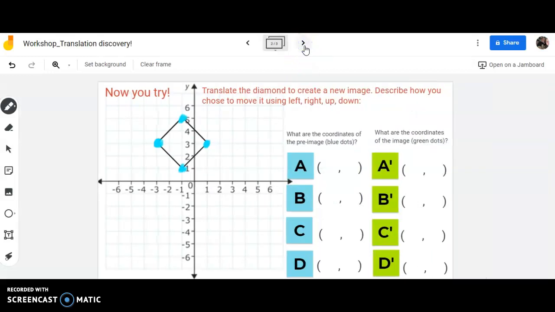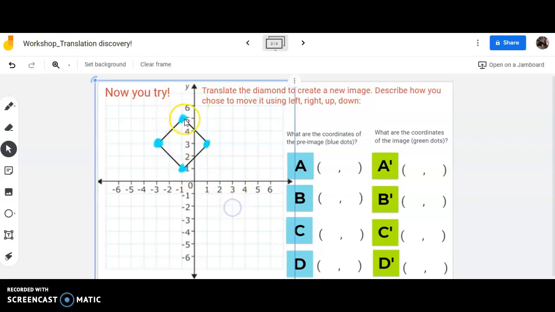If you move to slide 2, now you get to try. The diamond image already starts on there. You need to get the coordinates of those 4 corners, so you label it how you want to. One has to be A, B, C, and D like that. Then it says for you to translate the diamond to create a new image.